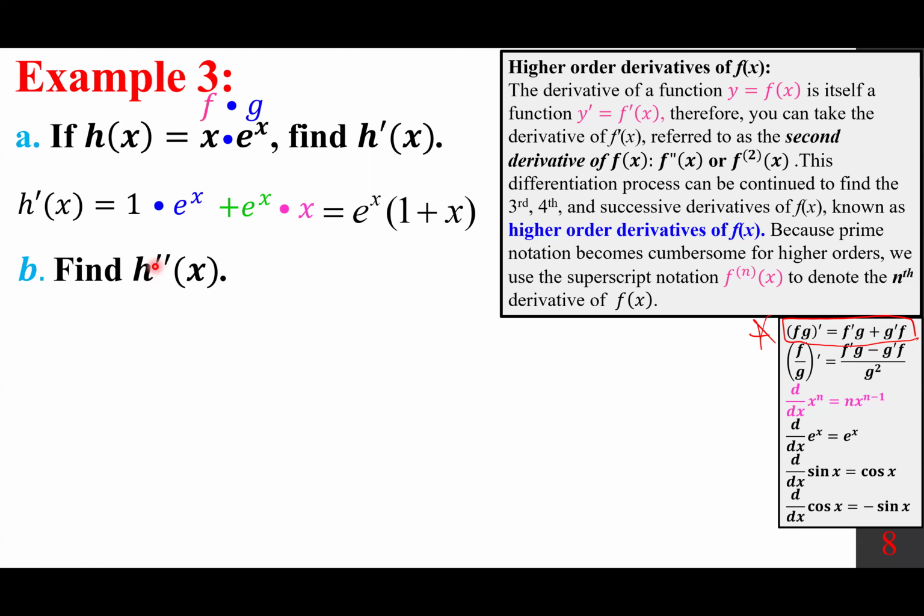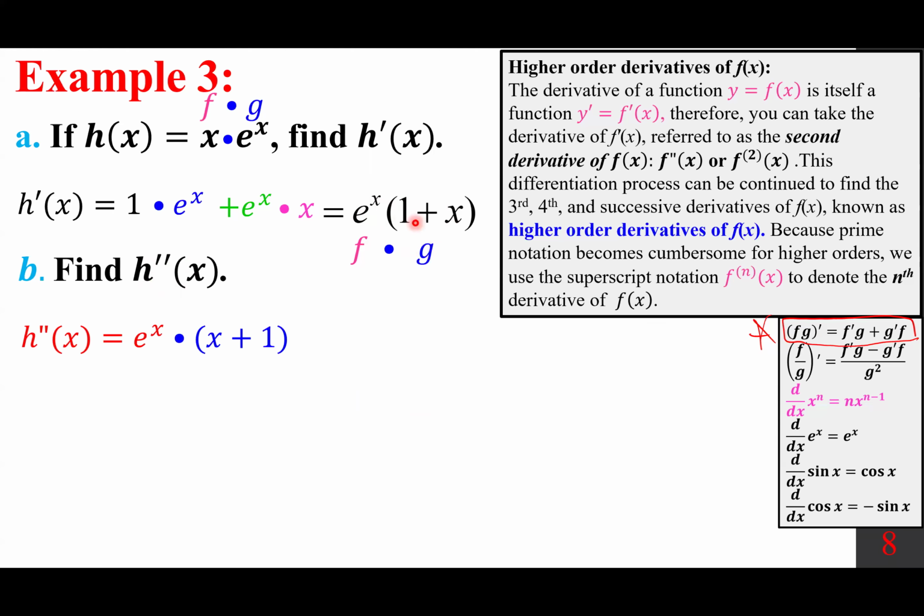In any event, now I'm going to take the derivative of this one to get h double prime. So this is a product of f and g. So I'm going to call this one f and this one g, and go with, again, the product rule. F prime is itself e to the power of x times g, the parentheses 1 plus x, x plus 1 makes no difference.